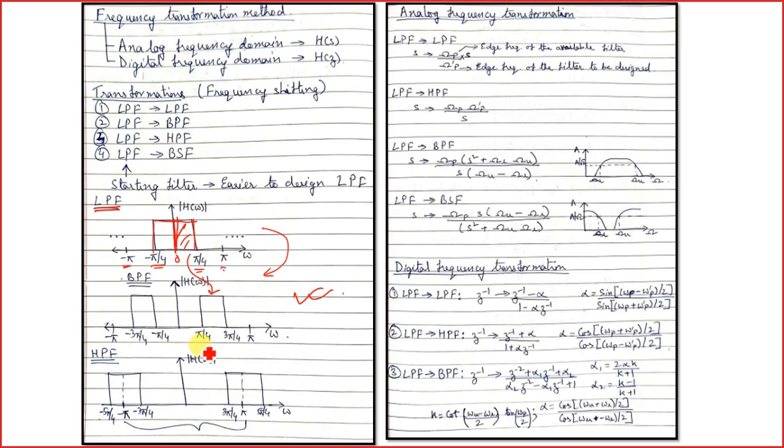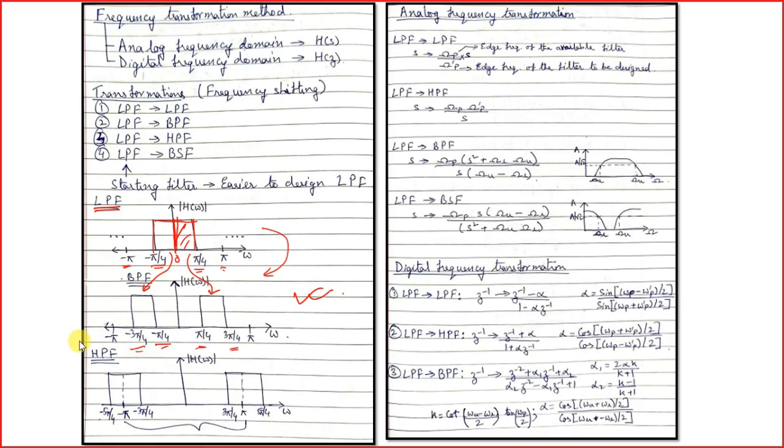Say I want to design a band pass filter having cutoff frequencies at pi by 4 and 3 pi by 4. So here I transform it to pi by 4 to 3 pi by 4, and the negative domain is moved to minus pi by 4 to minus 3 pi by 4.